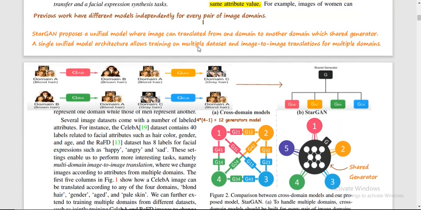And they also mention that in such models, the problem is that they don't know how to correlate.